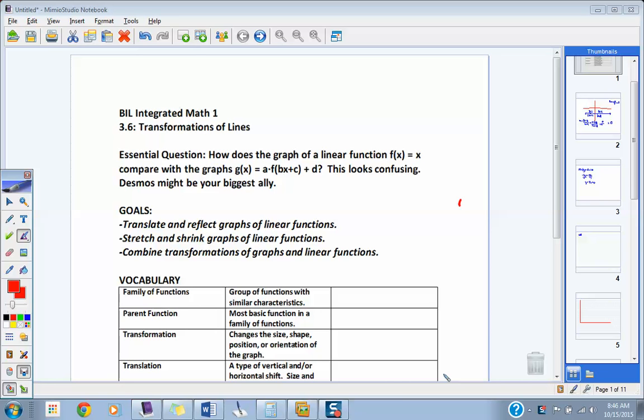Mathematically, prior to getting to this class, what do you guys know about transformations? Ever heard of the word? Say that again, Tori. So it's on a graph, so we're going to do something graphically, I agree. Let me ask this.